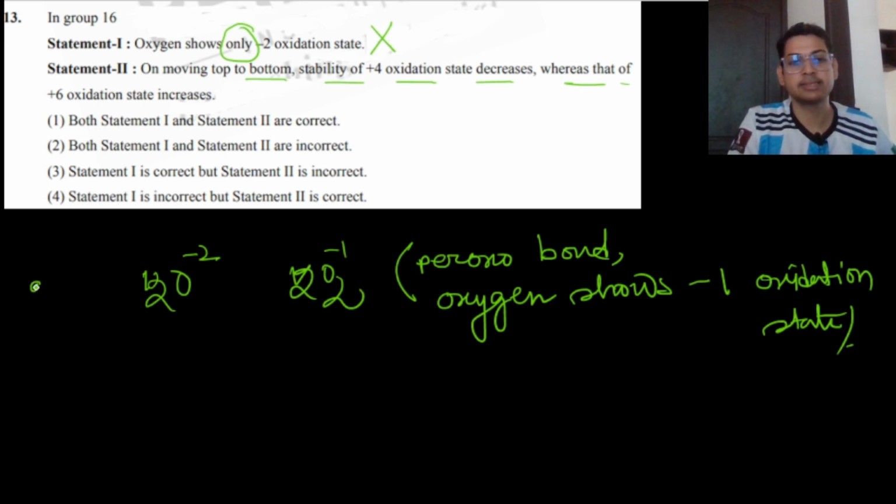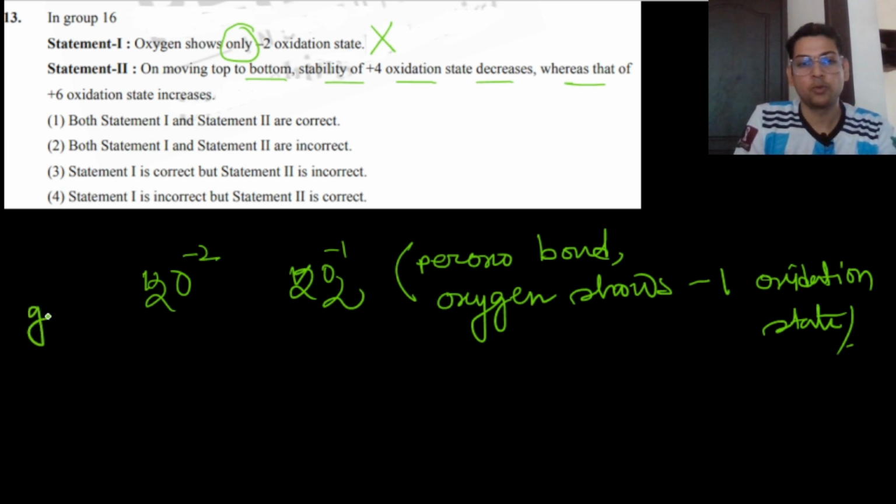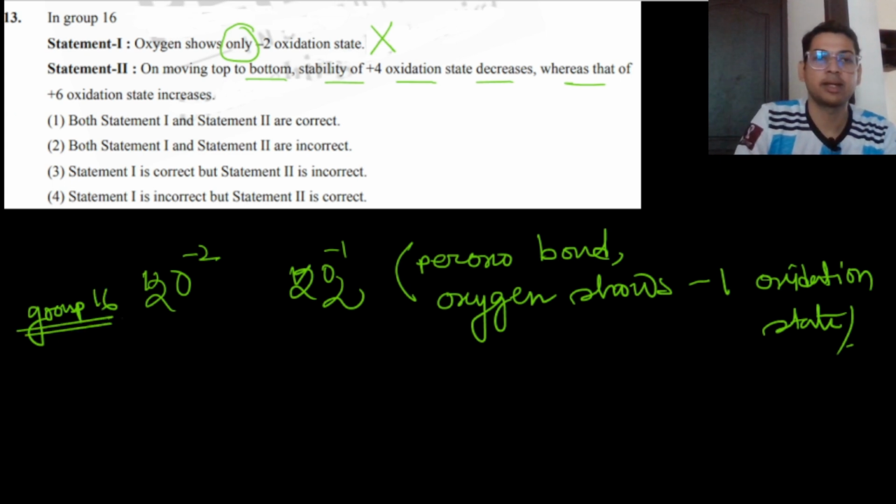Okay, do you see, this is a very good concept. Suppose you are having group 16. What you are having? Oxygen, sulfur, selenium, tellurium, polonium.